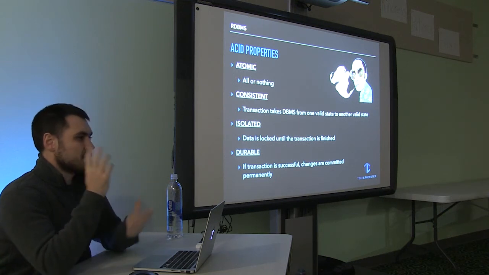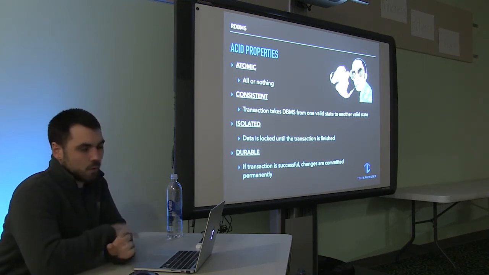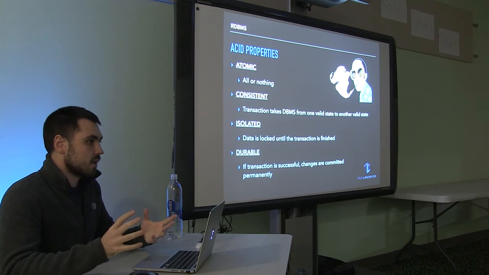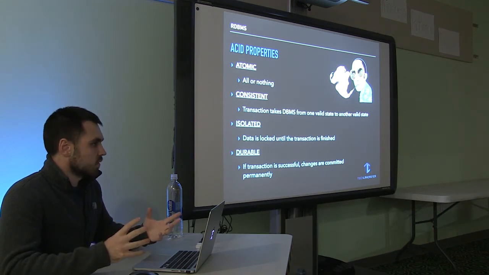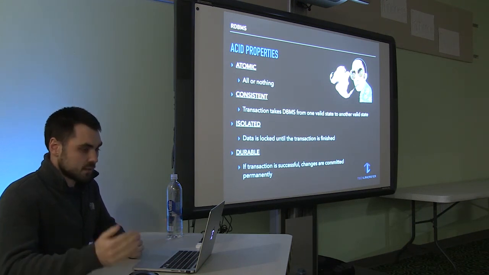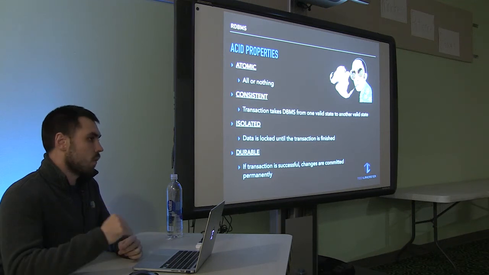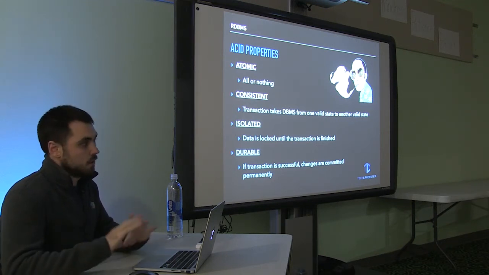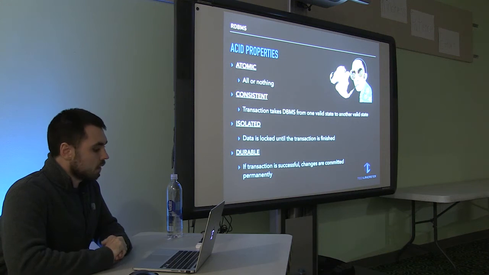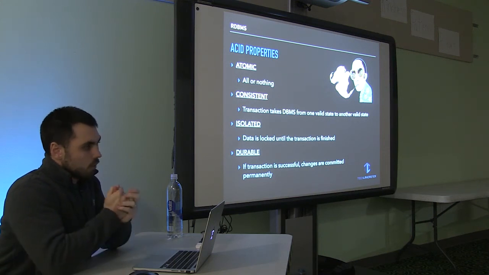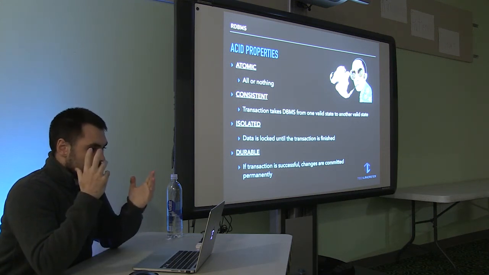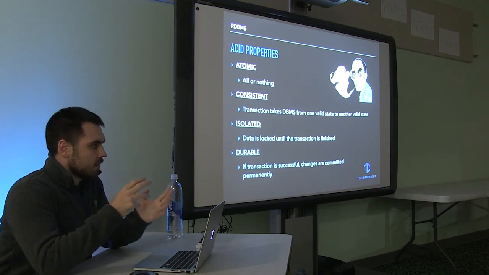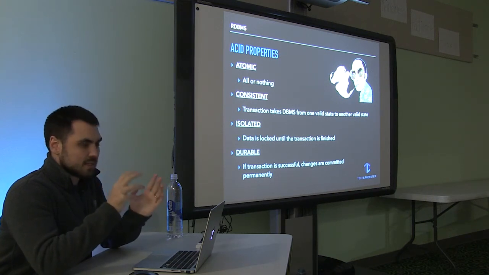We want to isolate our transactions, so we can't have two parts of a system accessing the same data at the same time. So things are done sequentially. When you access a specific row, there's a lock put on that row, and no other parts of the system can use it until it's unlocked. And we want it to be durable. Durable means that when we commit something, it's in permanent storage.